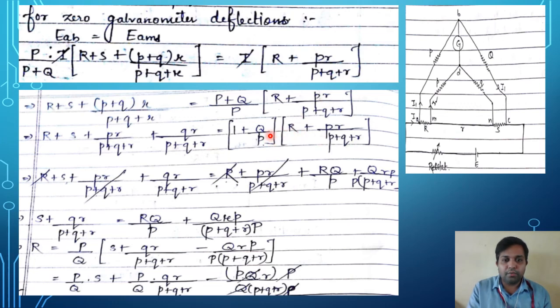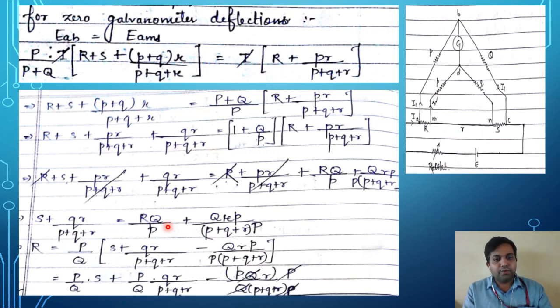So R into Q by P plus Q into P into R divided by P. Take a small p as common and bring it into the bracket, so P into (P plus Q plus R). Now simplify it further. These terms can be cancelled now. This entire term plus this R value. Do the further simplification.